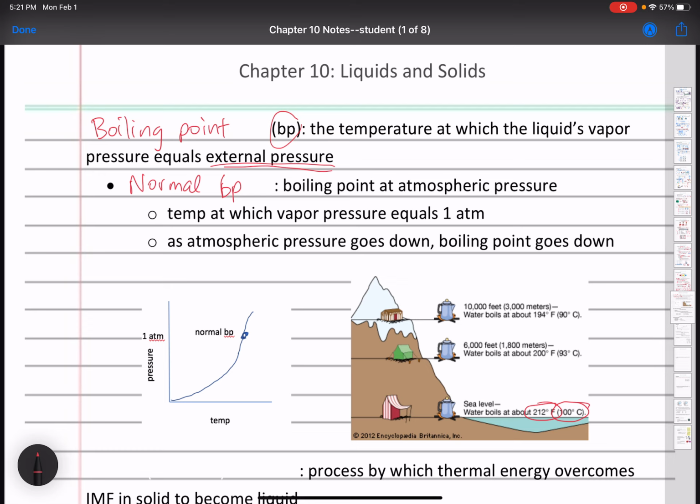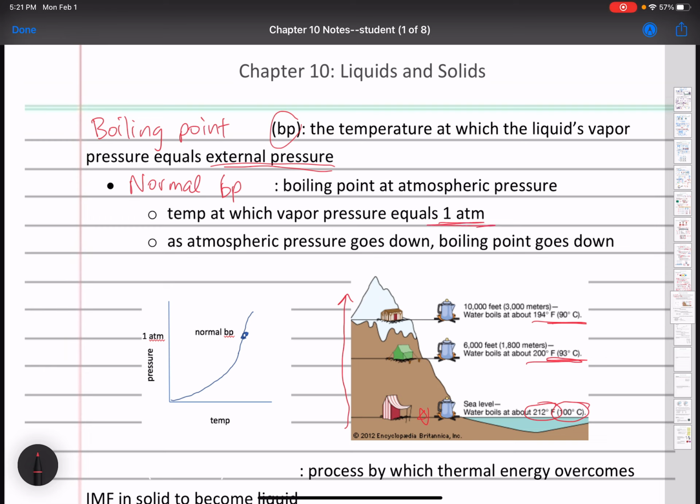But at higher elevation, water actually boils at a lower temperature because as you go up in elevation, you go down in pressure. The pressure goes down because you have less atmosphere pushing down on you. So the normal boiling point is down here at sea level, where atmospheric pressure is 1 atmosphere.